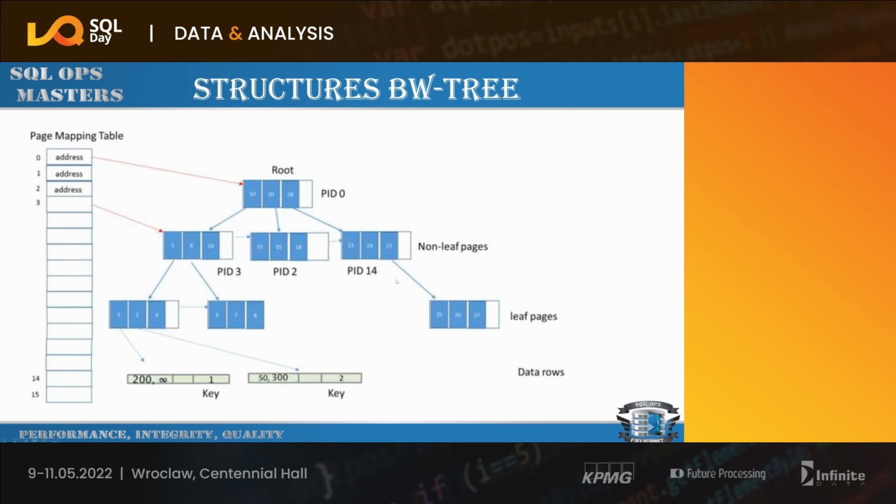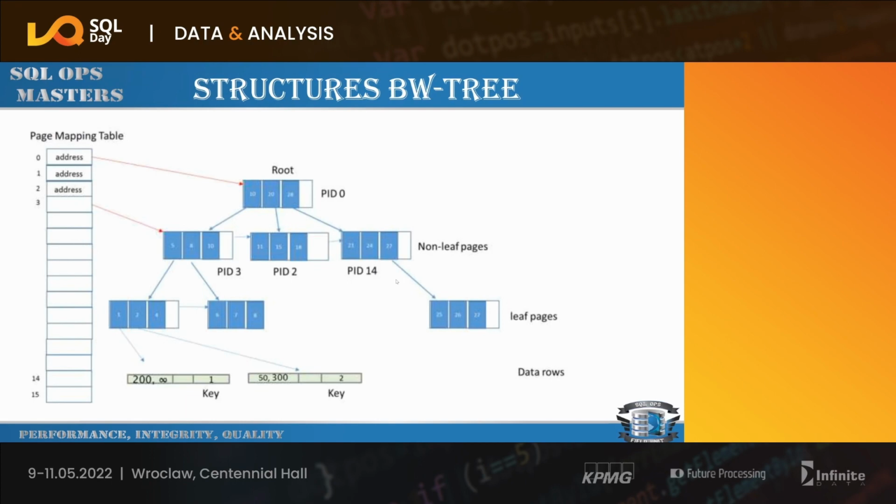Okay. So we have this other type of index. It's called a BW tree. Okay. And bonus points to who can tell me where a BW tree is used. This is why I didn't want to give it away earlier. In-memory. Correct.